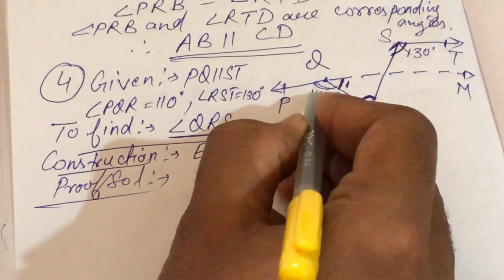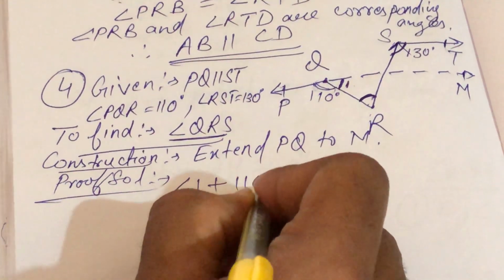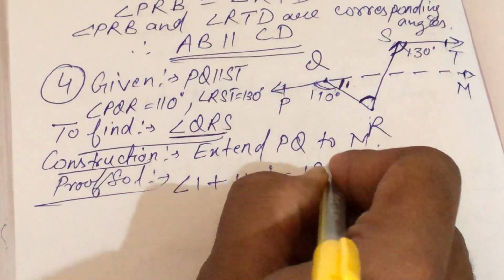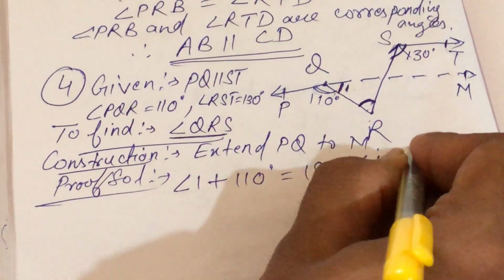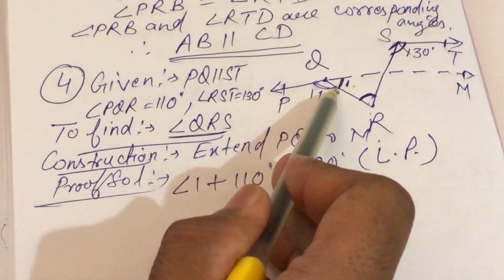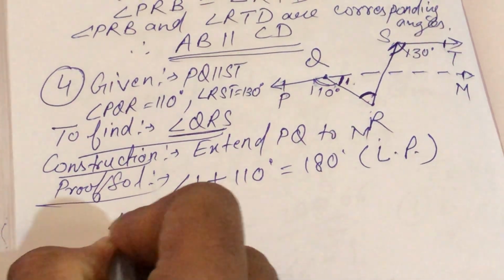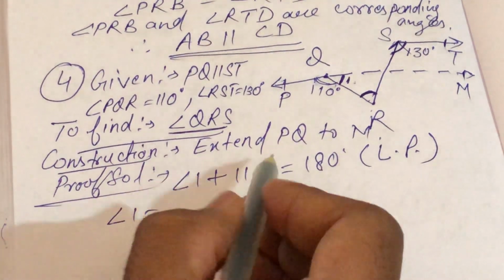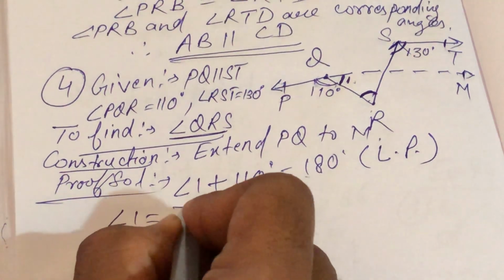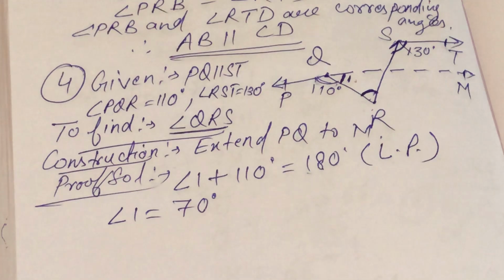See, this angle 1 plus this 110 degree equals 180. Linear pair. Angle 1 plus 110 degree equals 180. Linear pair. That means angle 1 will be 180 minus 110, 70 degree. Angle 1 will be 70.